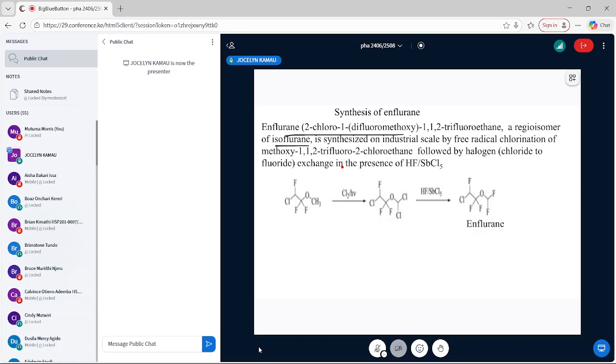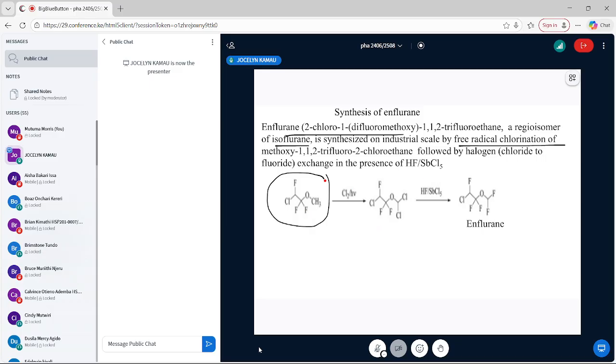It is synthesized on industrial scale by free radical chlorination of methoxy-1,1,2-trifluoro-2-chloroethane. Again, look at that structure. I've given you the name, find out why it has that name. You're using the IUPAC system in the naming.